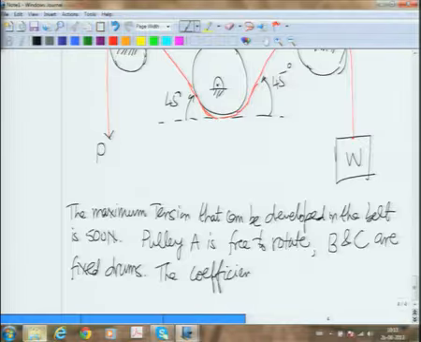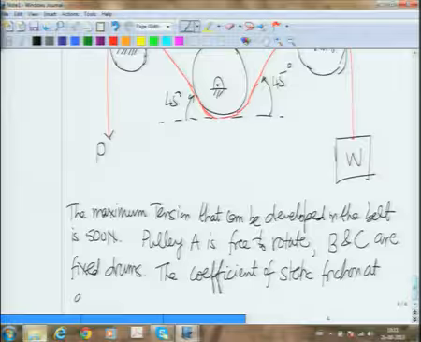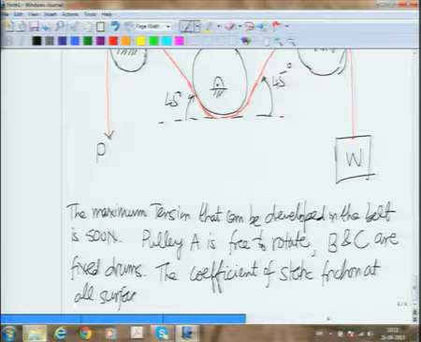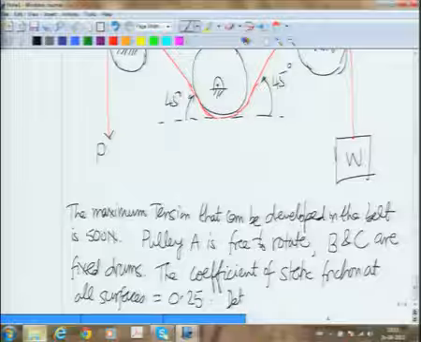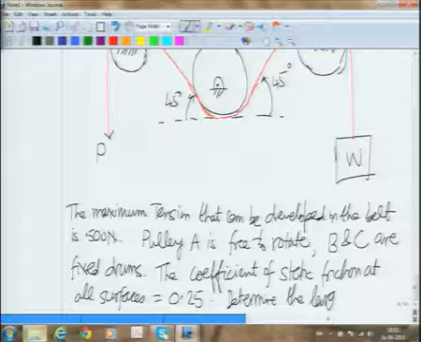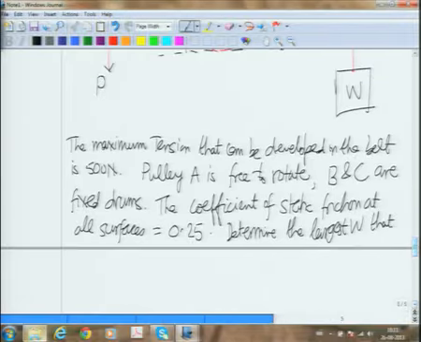The coefficient of static friction at all surfaces is equal to 0.25. Determine the largest W that can be lifted.